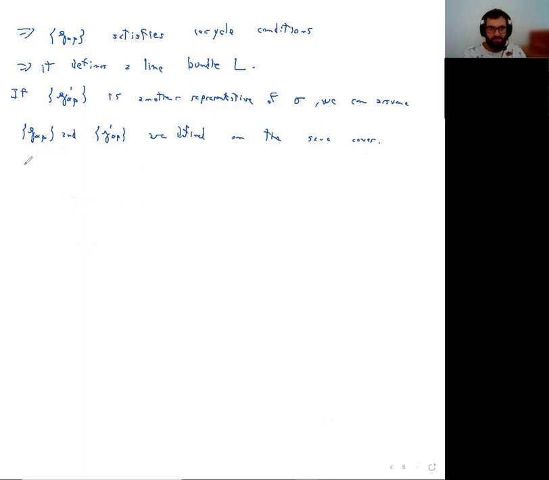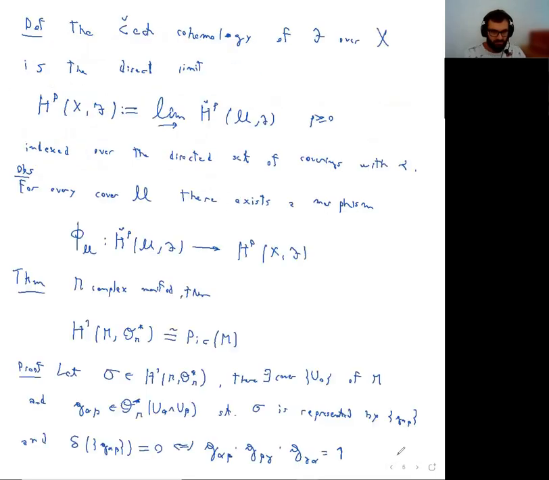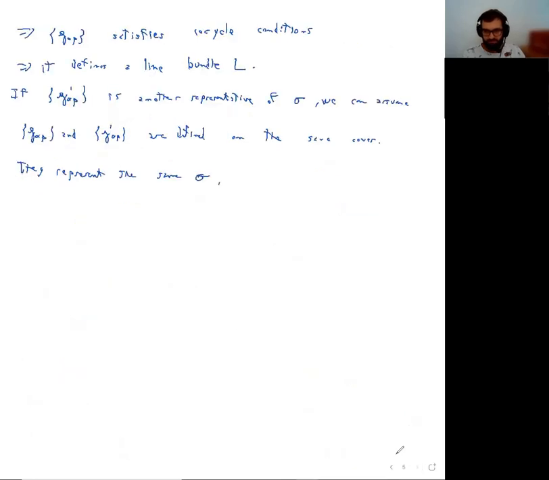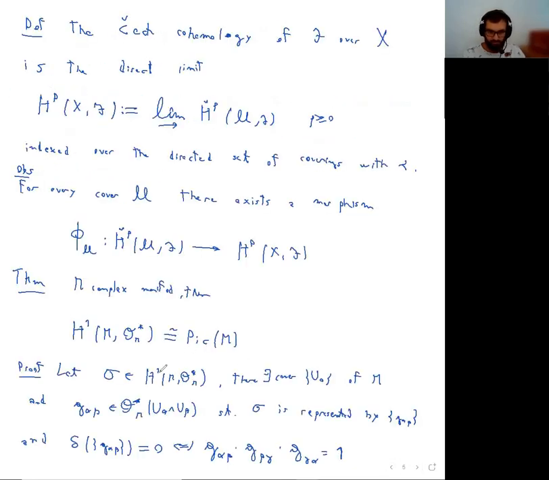So what does it mean that they represent the same sigma? It means that if you take one and multiply by the inverse of the other, this is the neutral element in this group. But what does it mean to be the neutral element in this group? It means you are in the image of delta 1.